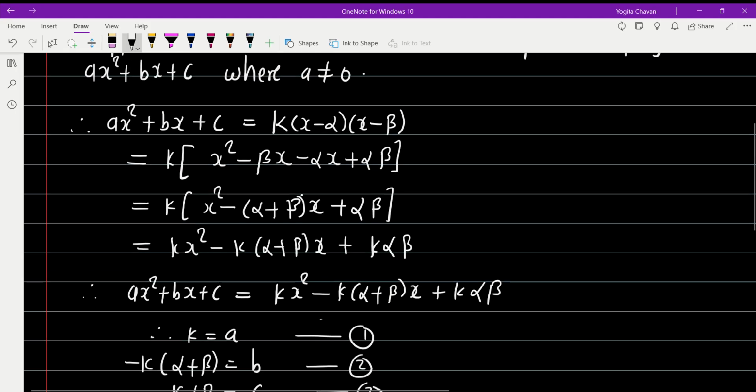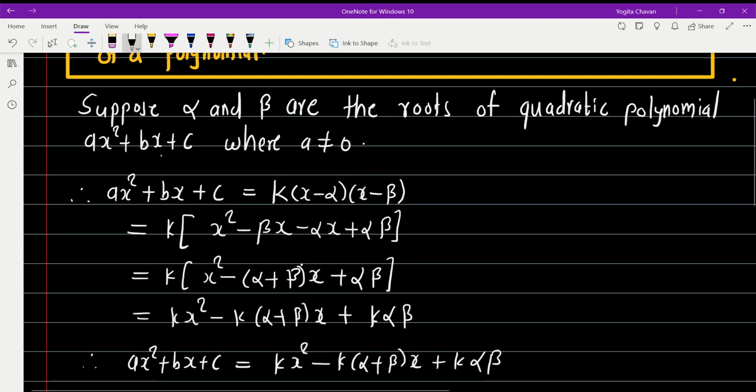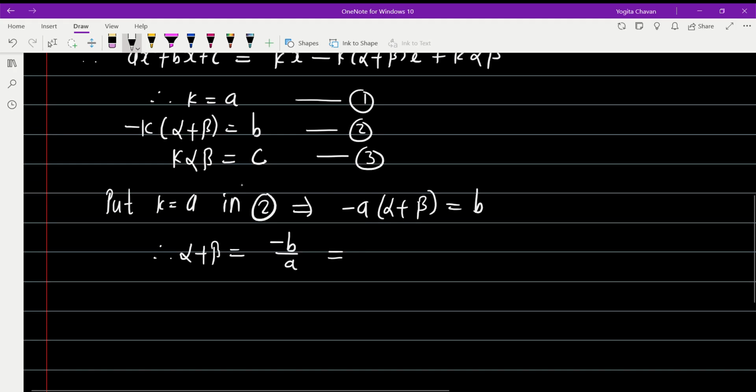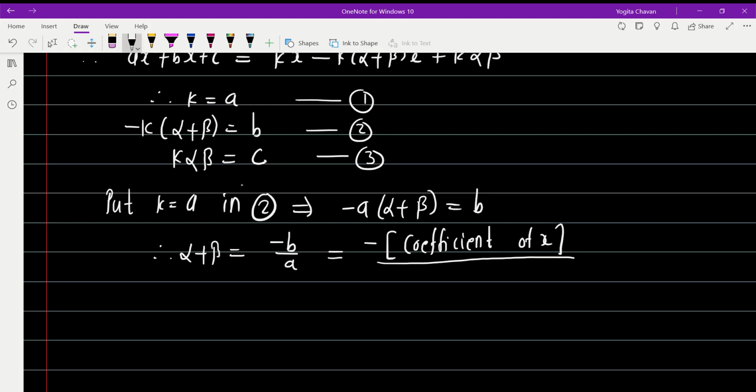But what is b? Actually b is the coefficient of x. So this is the same as minus in bracket, coefficient of x divided by a. But what is a? A is nothing but the coefficient of x square. So the sum of the roots is equal to minus the coefficient of x divided by the coefficient of x square.